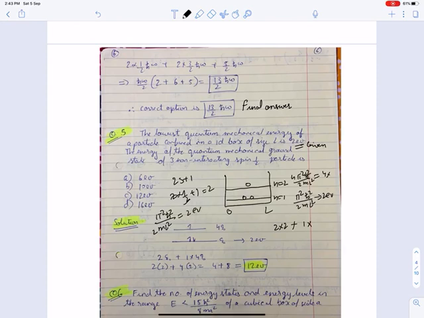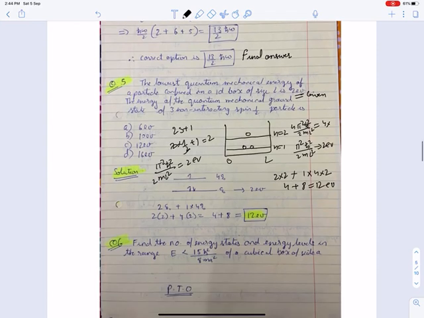So I should multiply here by 4 into 2. So 2 into 2 is 4, plus 4 into 2 is 8, and this becomes 12. So it is 12 electron volt. The hidden thing in this question is that pi square h cut square upon 2 m l square is equal to 2 electron volt, which is given.